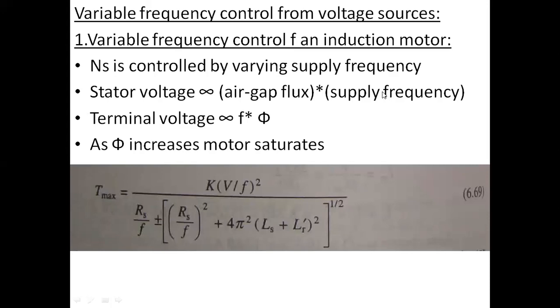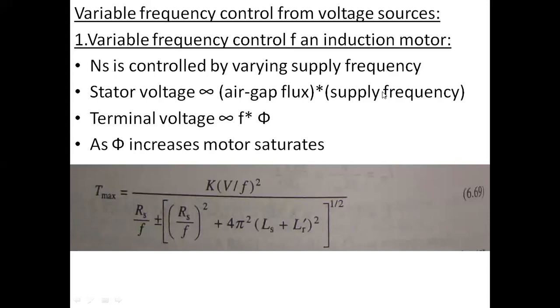Now, variable frequency control below the rated frequency is at rated air gap flux. To obtain this rated air gap flux, we vary the terminal voltage with frequency and maintain the V by F ratio constant at the rated value, then we get the most efficient variable frequency operation.